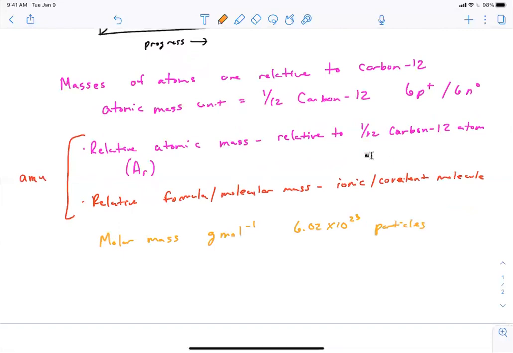It turns out that 6.02 times 10 to the 23rd AMUs is equal to 1 gram. That was intentional. When Avogadro's number was assigned its value, it was chosen such that the relative atomic mass in AMU would be the same as the molar mass in grams. All of that was intentional in the derivation.